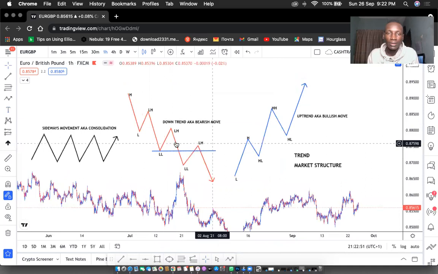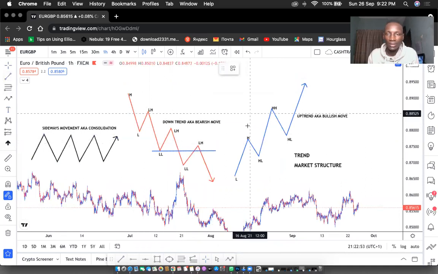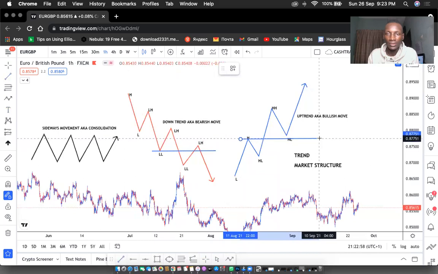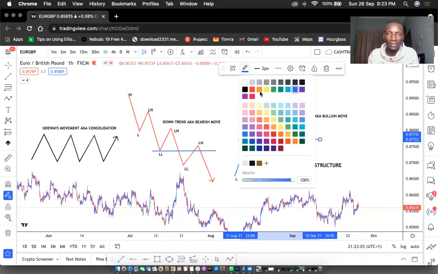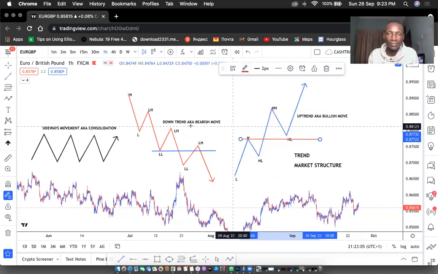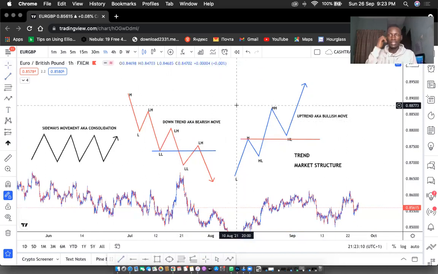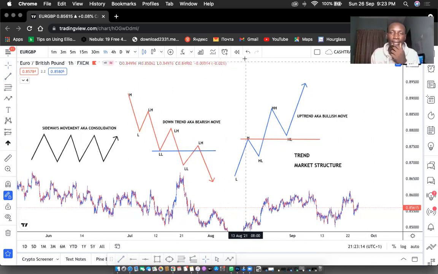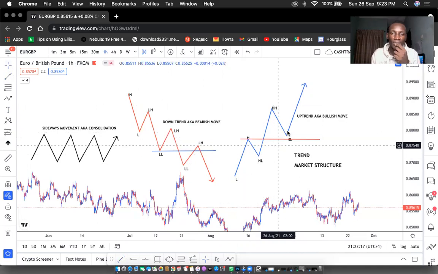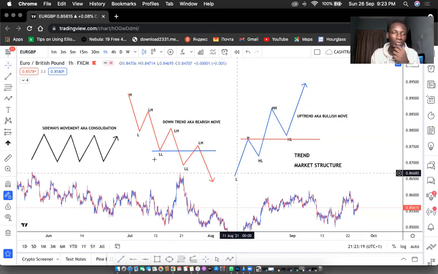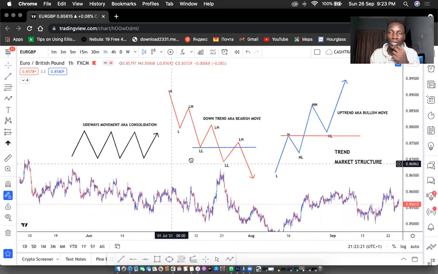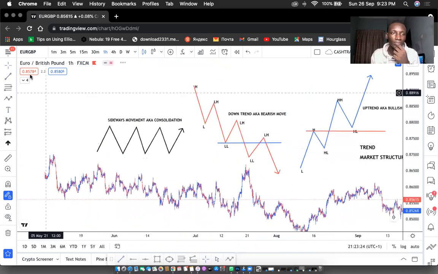Now, look here. Something I want to establish here as well. So let's make this red. Now, we're going to come to why I put these structures here, but let's now come to the sideways move.